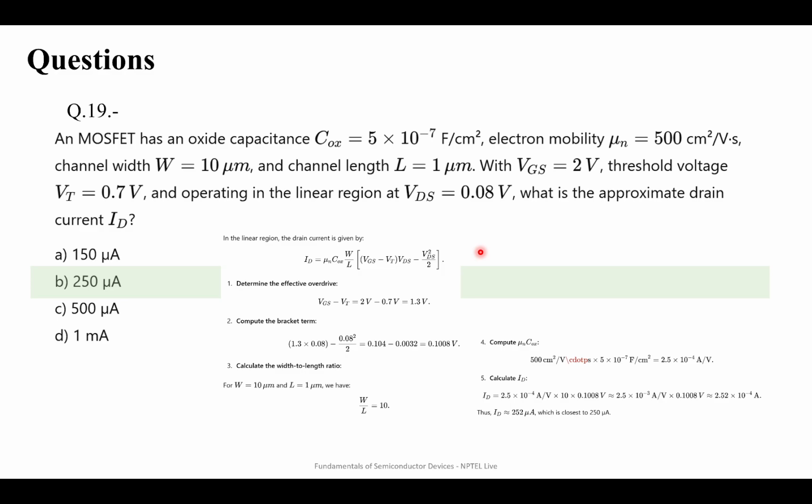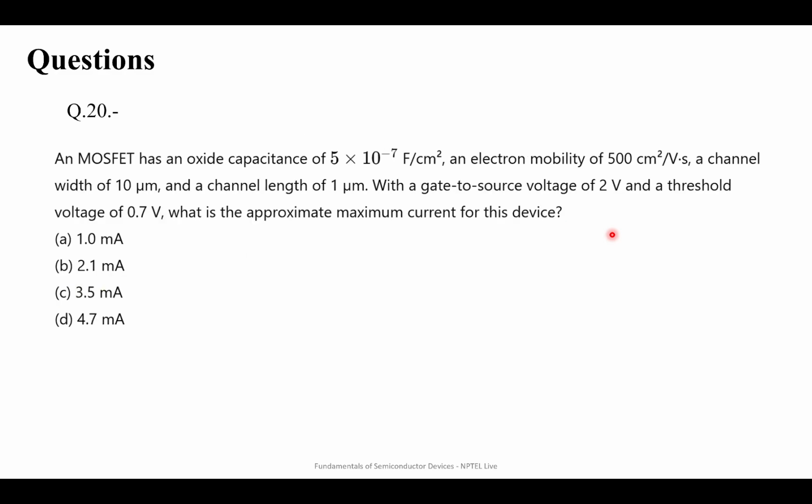Sir, when you compute mu n into Cox, there will be a red word there. You ignore this, you ignore that. Don't see, do your own calculations using this. You have all the values here.